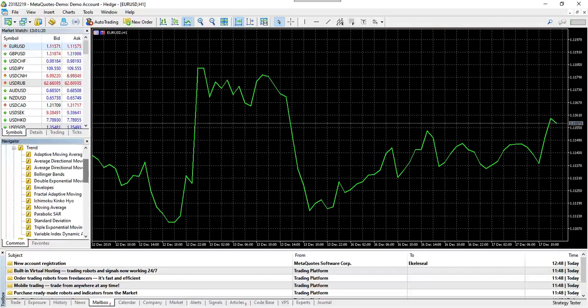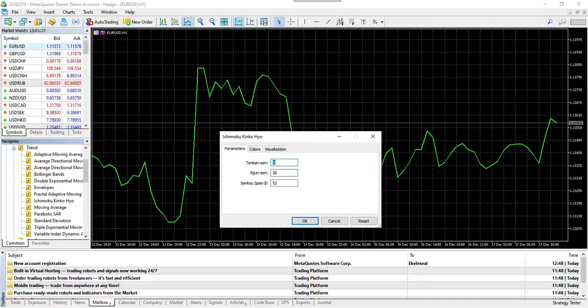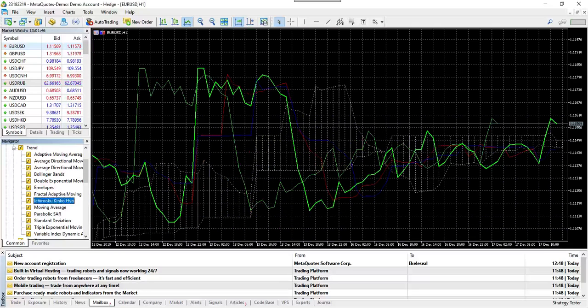Alright, let's use this Ichimoku. If you just drag and place it here, you just set it the way you want. Let's say 5, then 50. Okay, this is how this looks. It doesn't look nice anyway.